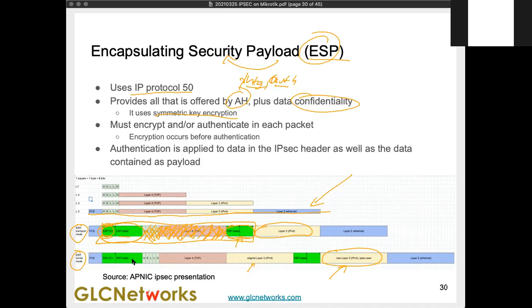From here to here will be encrypted. Oh, that means I have to erase that one here. Actually, the one that is encrypted is from here to here. So this is encrypted, this is encrypted.